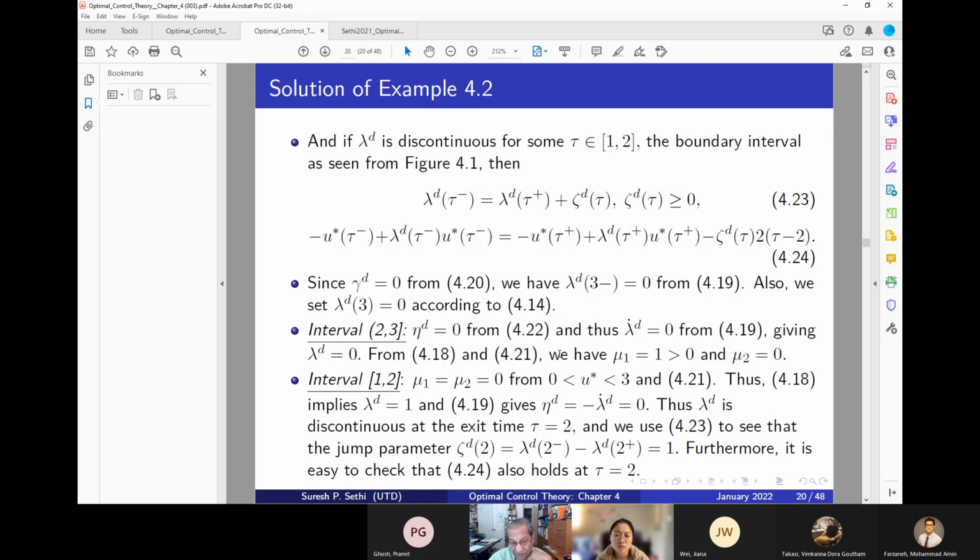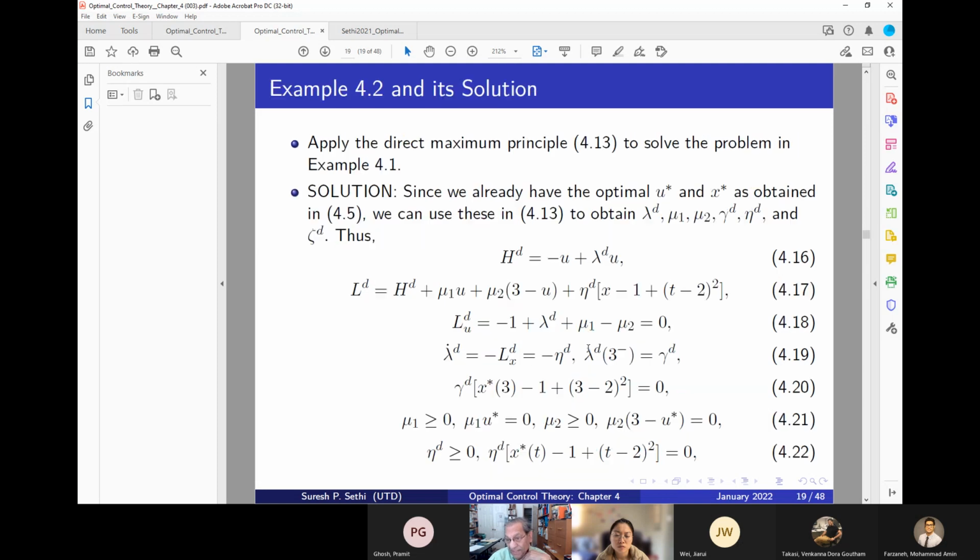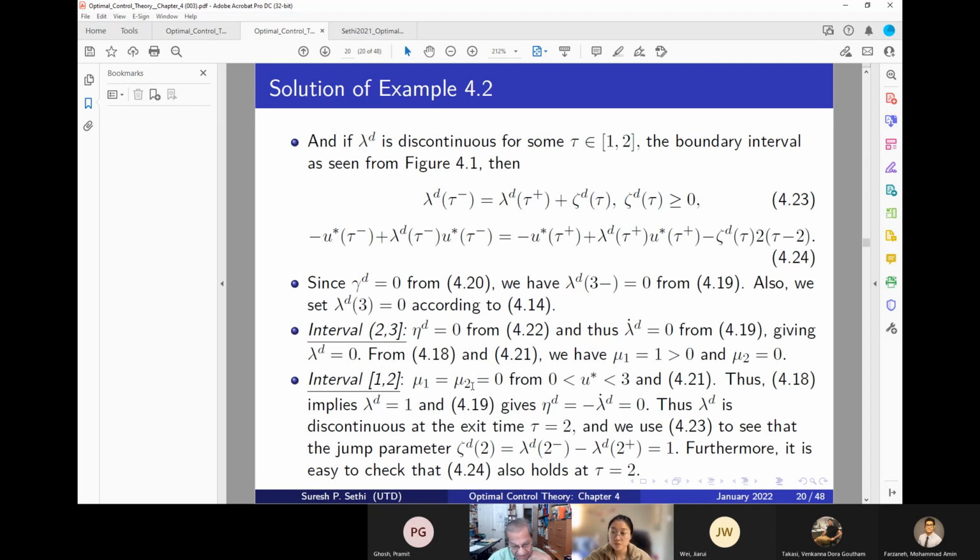And if lambda d equal to 0, then we go to the complementary slackness condition to show that mu1 is bigger than or equal to 0 and mu2 equal to 0. Because mu1 and mu2 are multipliers of u, and u is 0 here.